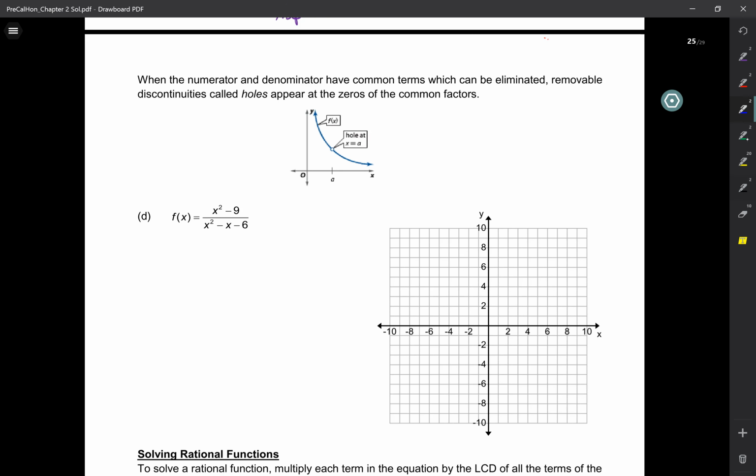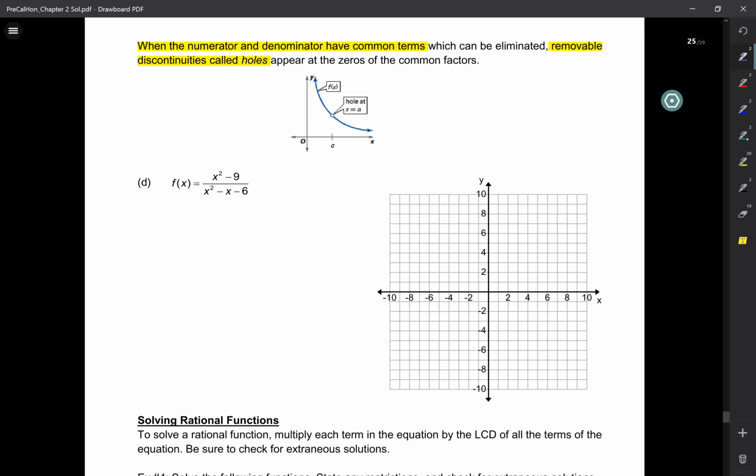Now, we sort of touched upon this before. When the numerator and the denominator have common terms, which can be eliminated, there are removable discontinuities called holes. So let's take a look at this one here. When we factor the numerator, we get x minus 3, x plus 3. And here we get x minus 3, x plus 2.